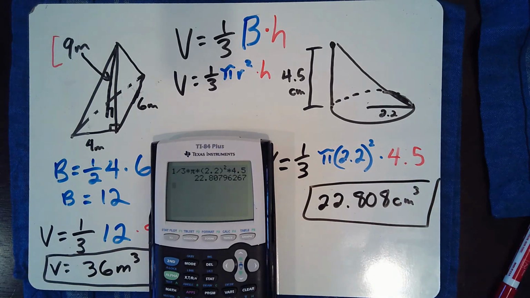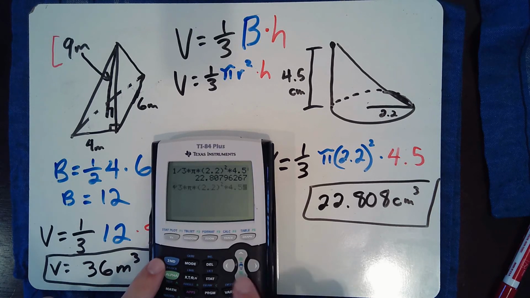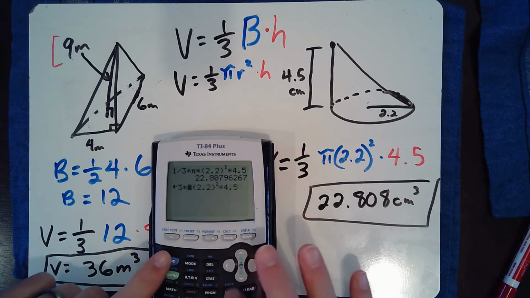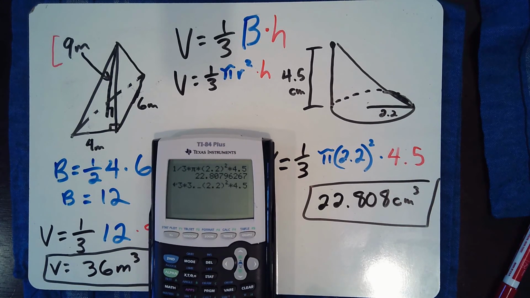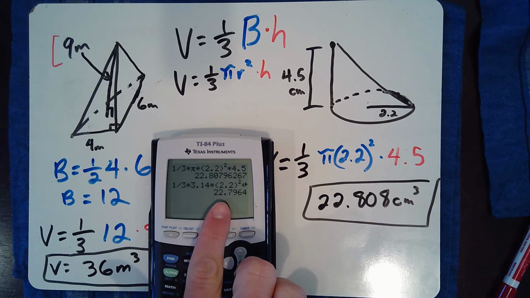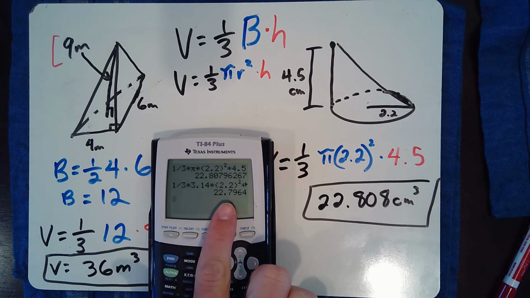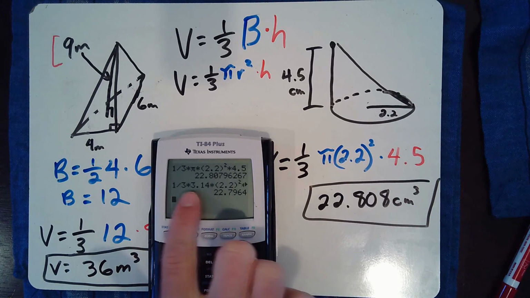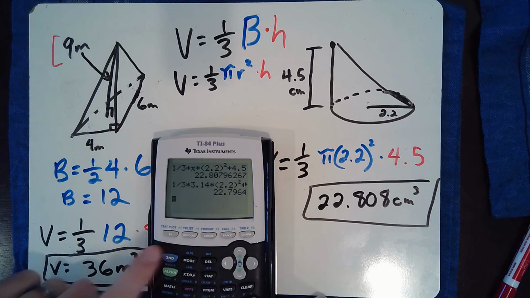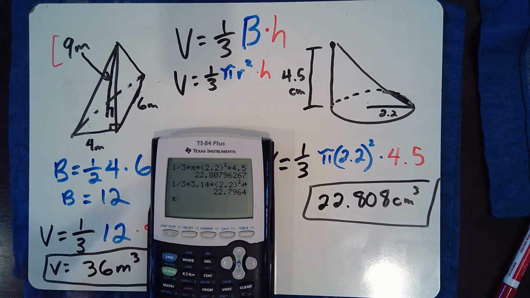One thing to note before I stop this video: if I were to do the exact same thing, but instead of using the pi button in my calculator, I use 3.14, you get a number that, while not wildly different, still is different, and there's some rounding error in there. So we do not want to use 3.14, we want to use that pi button whenever possible.